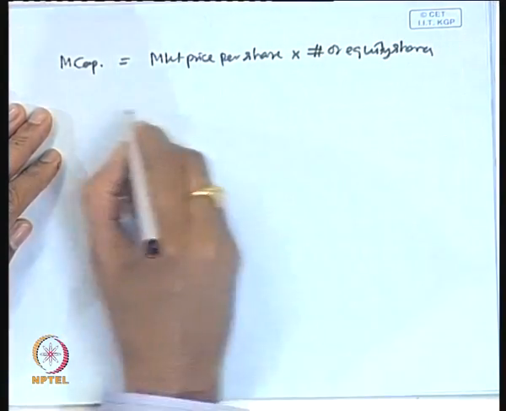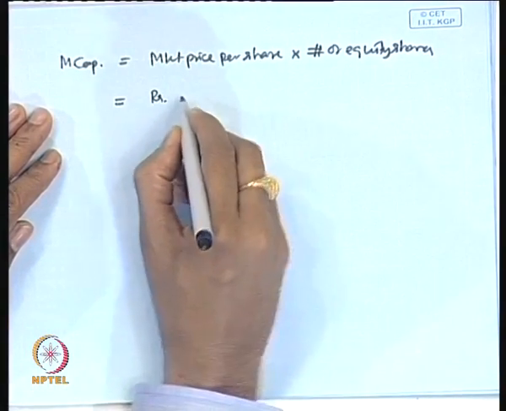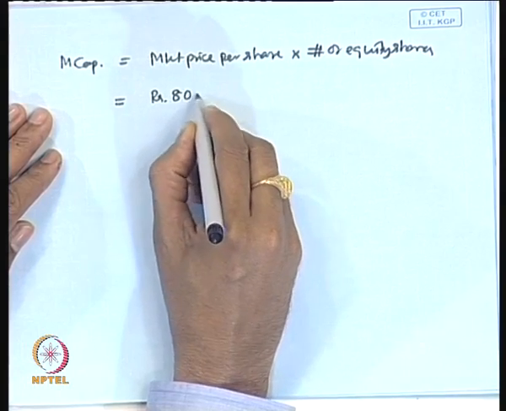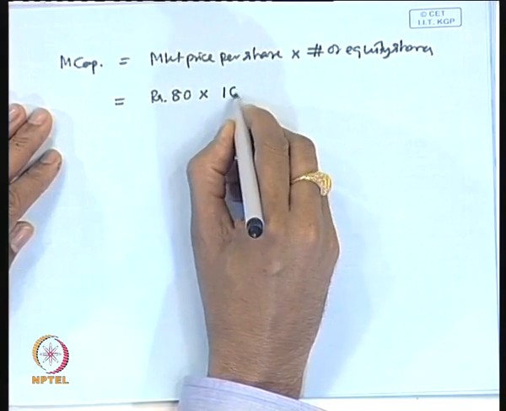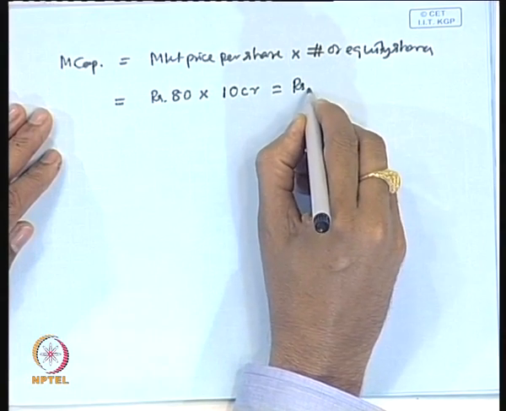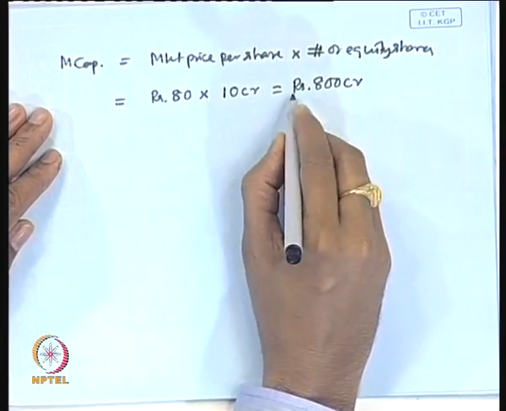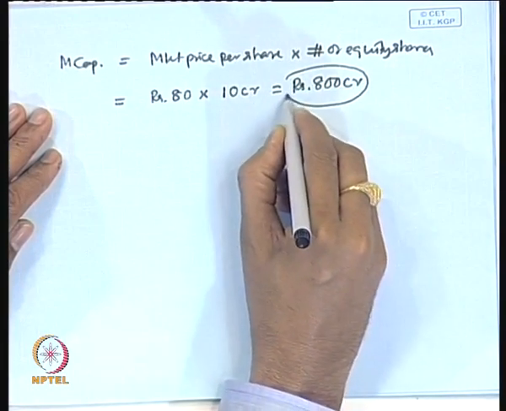So, if the market price of a particular company's share is rupees 80 and the number of shares is 10 crore, the value of the market capitalization comes to 800 crore. So, this is an aggregate value.